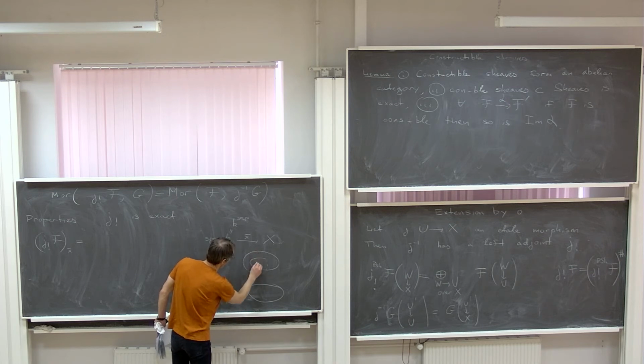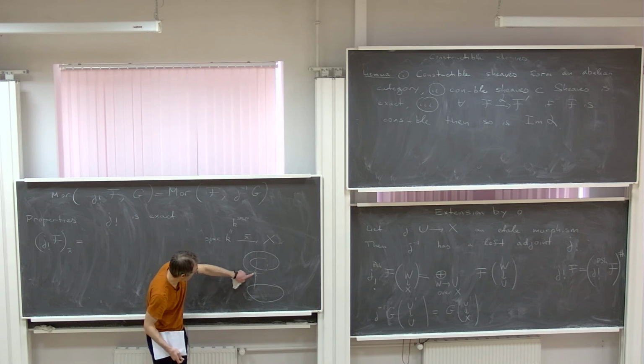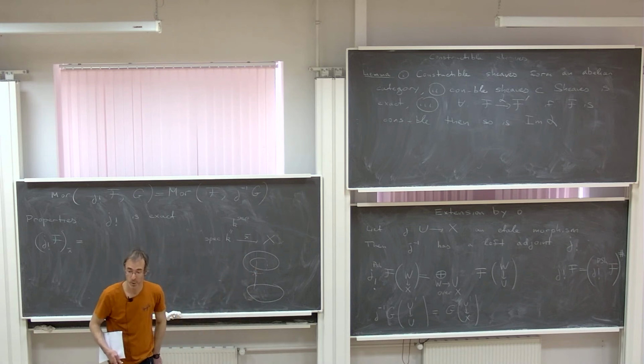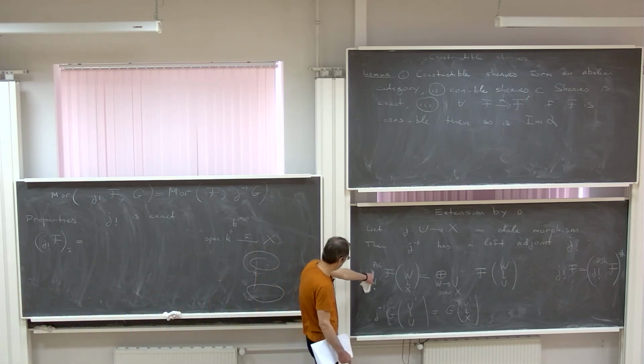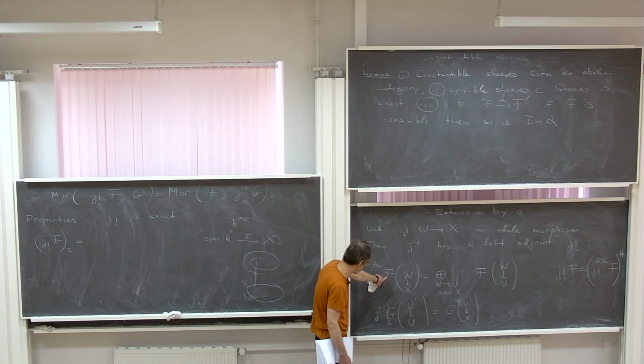So the fiber over this point consists of this point, say, and this point. Well, this point is removed, so it just consists of 1 point. So the stalk of the sheafification is the same as the stalk of the presheaf.